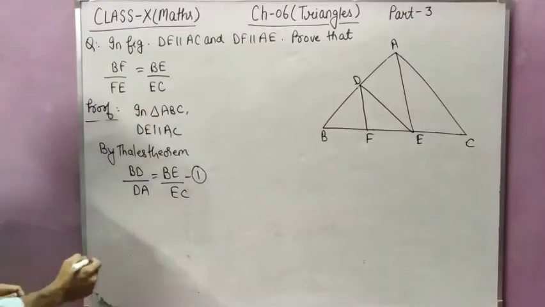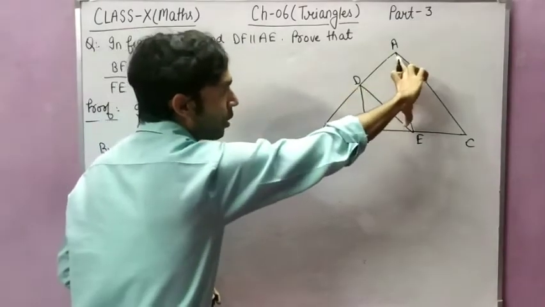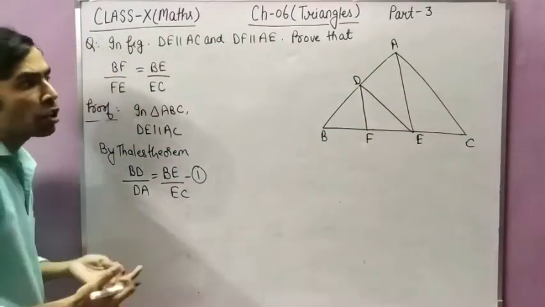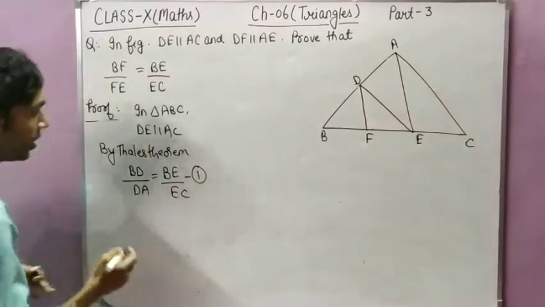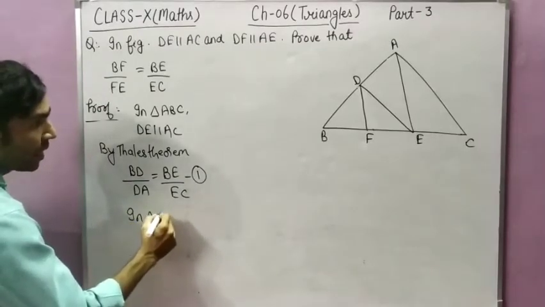Again, see, DF is parallel to AE. DF is parallel to AE, means in which triangle is DF parallel to AE? So in triangle BAE.